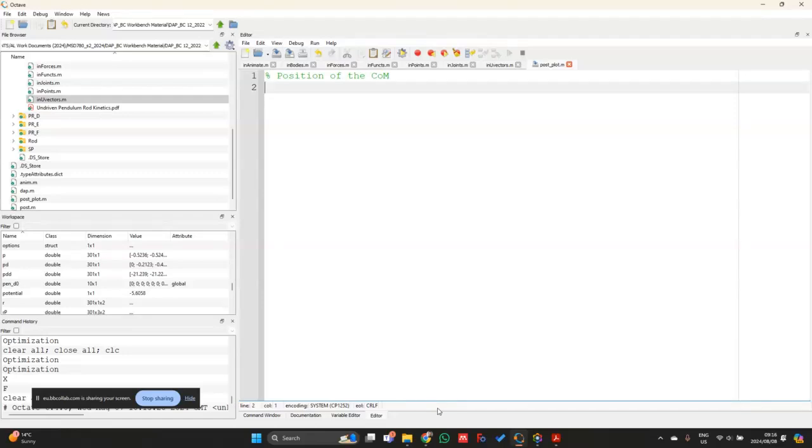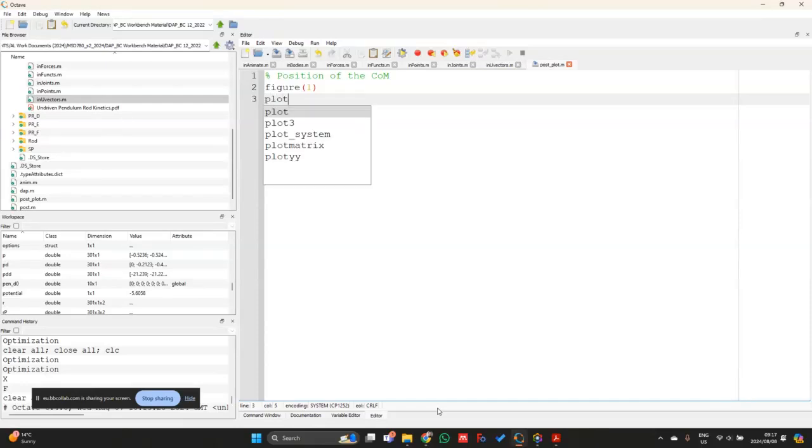It's actually a bit simplified. So if you understand the whole import matplotlib thing and how to create plots over there, you can also do similar functions over here. So I'm perhaps just first going to start by saying figure 1. So I just want to initialize my figure. And now I just want to go and create a plot. So I'm just going to say plot.